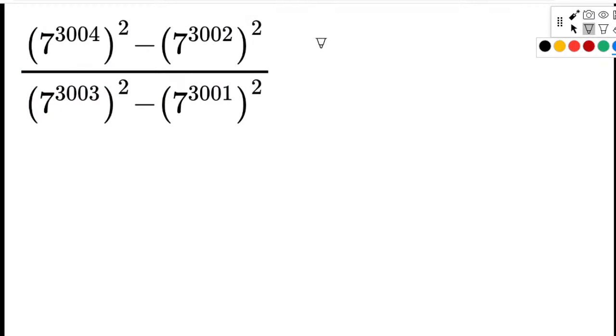So what we know is that a squared minus b squared equals a plus b multiplied by a minus b.